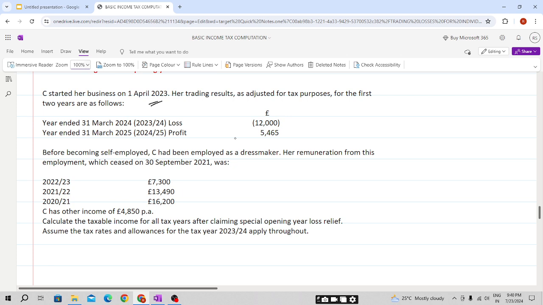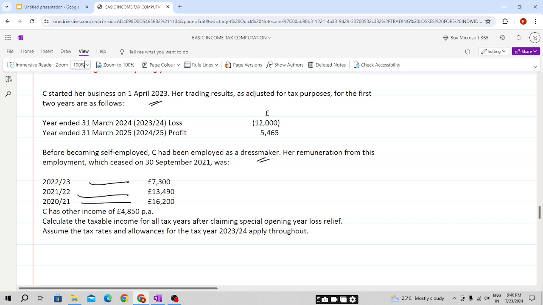Now, students, either we can use the ongoing rules or the special option. We will claim the special option because before becoming self-employed, C had been employed as a dressmaker. Her remuneration from this employment, which ceased on 30th September 2021, was for the tax year 21-22 as given.